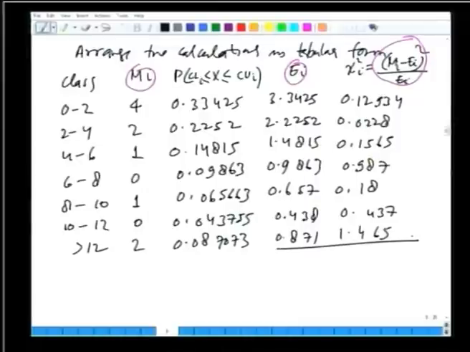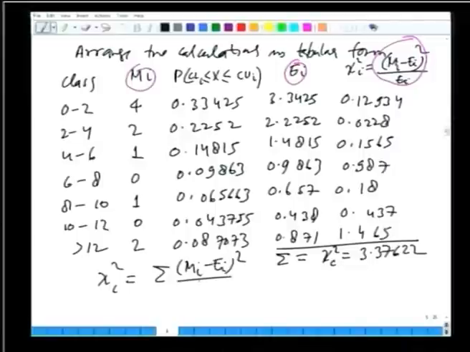Then the last thing we do is we sum these up, the last column, and that will give you chi square c, which is 3.37622. Okay. What is the computed value of chi square we had defined? It is the summation of (mi minus ei) whole square divided by ei.